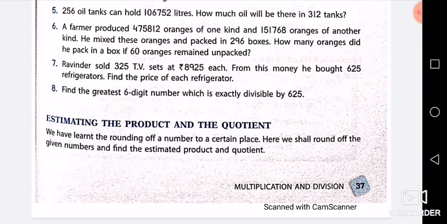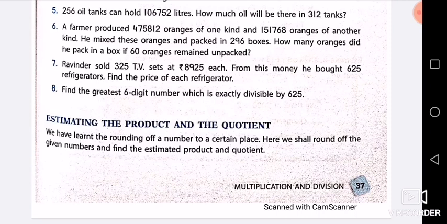Number of oranges have been given of two kinds. So first of all you will find out the total production of oranges. So that will be the sum of both, means 4,75,812 oranges and 1,51,768 oranges. After doing the addition, then you will subtract 60 oranges. Why?